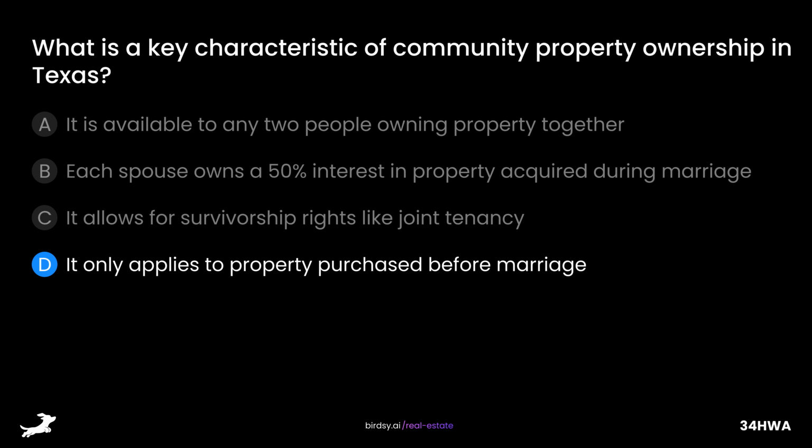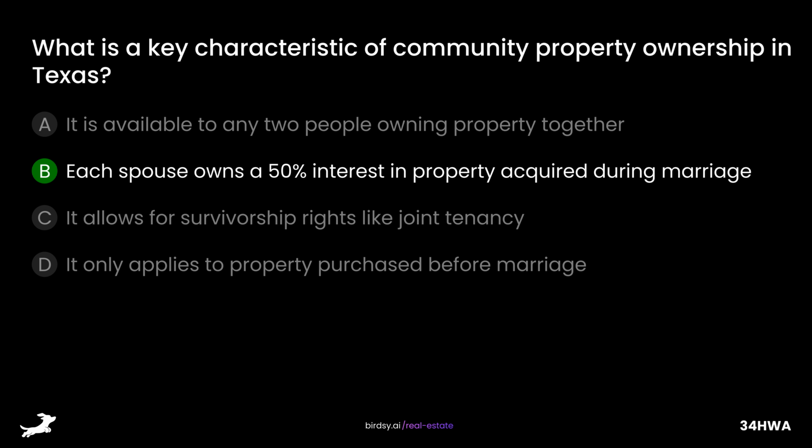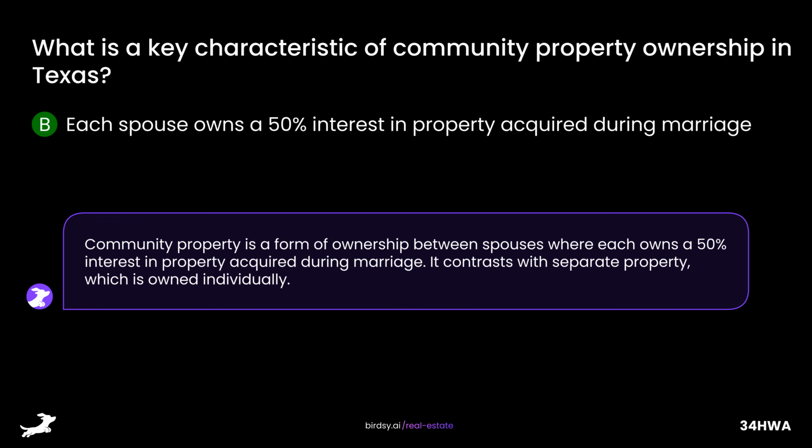Or D, it only applies to property purchased before marriage? The answer is B, each spouse owns a 50% interest in property acquired during marriage. Community property is a form of ownership between spouses where each owns a 50% interest in property acquired during marriage. It contrasts with separate property, which is owned individually.